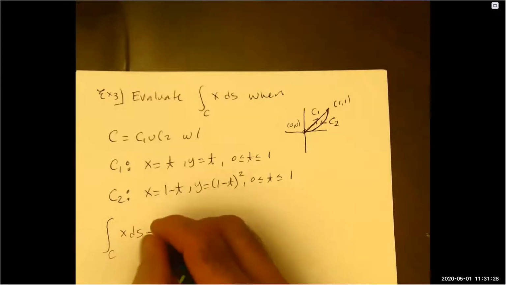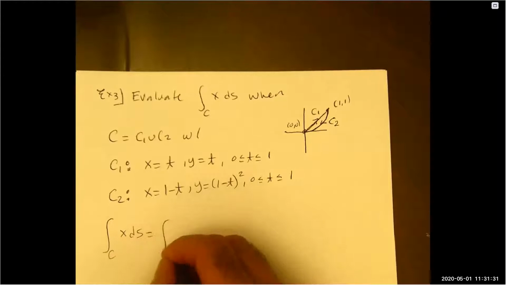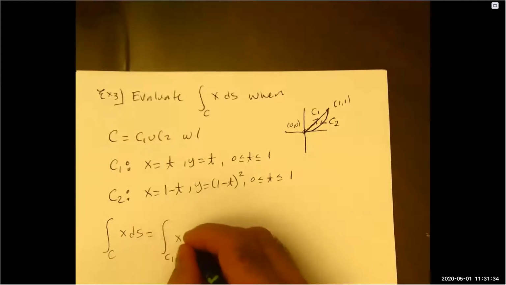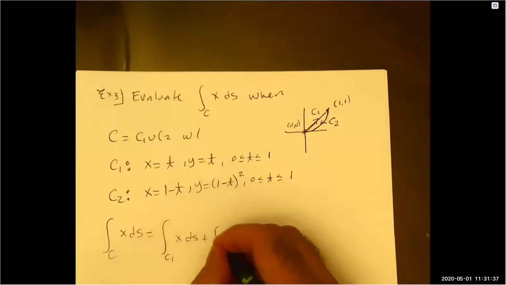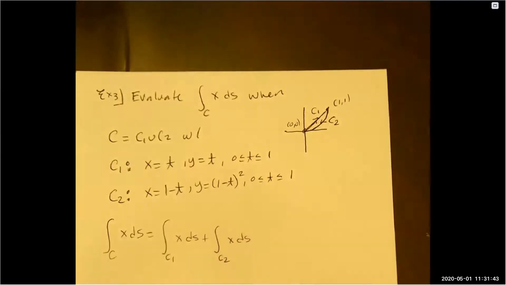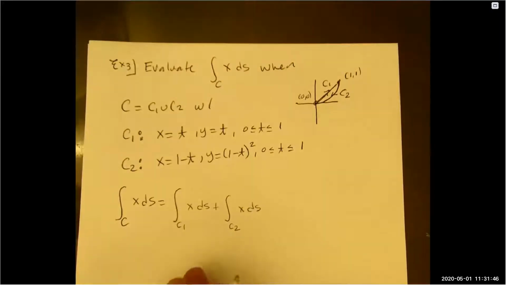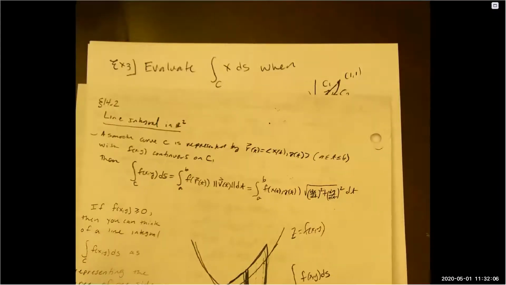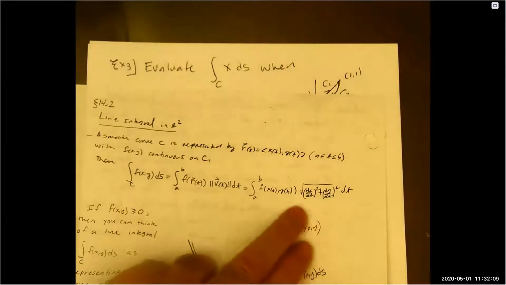So first of all, this is going to be the integral over C1 of x ds plus the integral over C2 of x ds. And then remember, we need to use our formula here. So our formula, just to remind you, that one. Remember, we have to do this for each one.